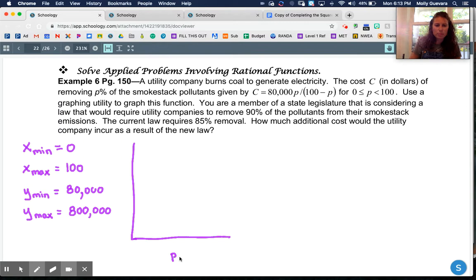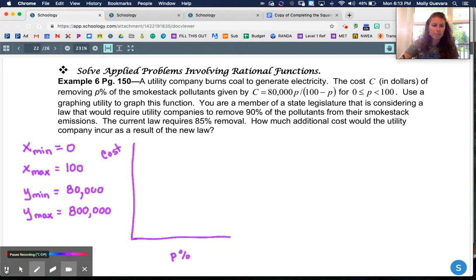Right, and this is P percent, and then this is, there's no way I'm going to be able to write sideways, but this is C.